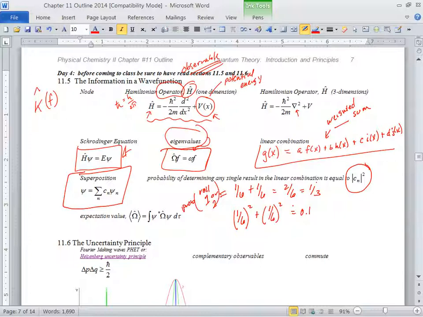Now we're getting to the point where you apply this Hamiltonian, and you're applying it really to that one wave function. And that one wave function, where? It's either one dimension x, or xyz, 3 dimensions, or spherical polar coordinates, whatever you like.